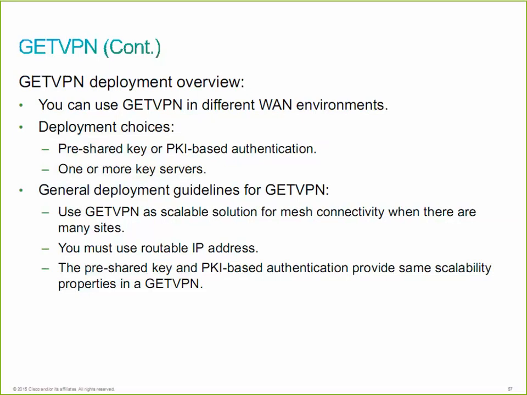We know that GETVPN doesn't work very well over the internet because of the IP header preservation. And so you might say, well, what the heck, man? Why would I ever use this, right? Well, because it works over frame relay, it works over MPLS, it works over private or virtually private service provider VPN networks, right?